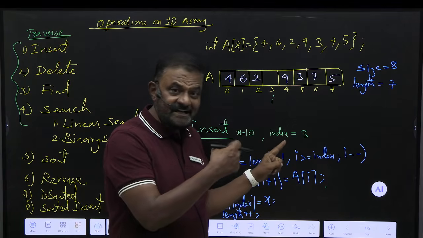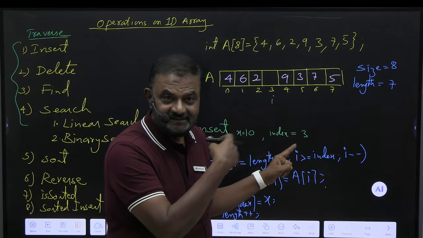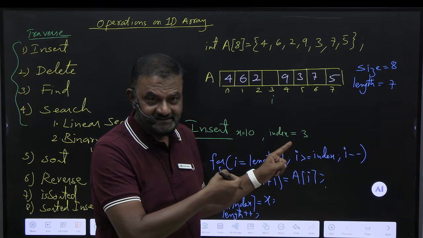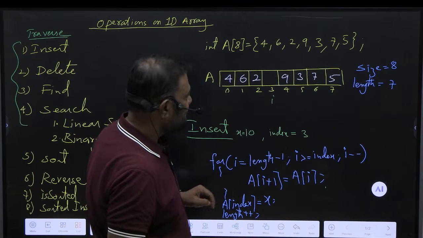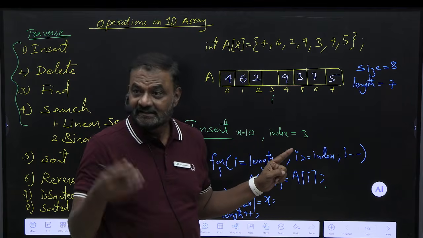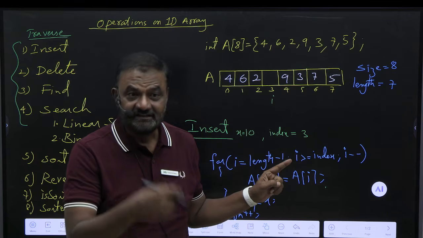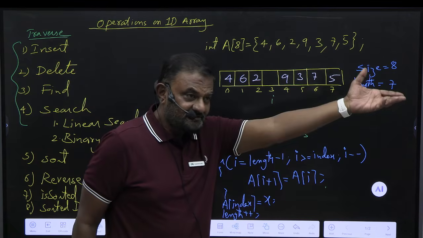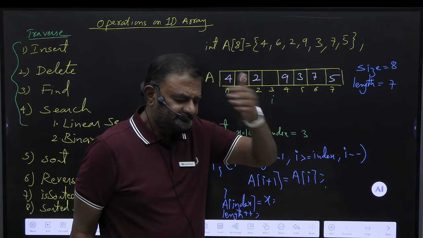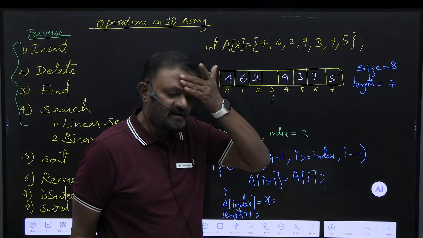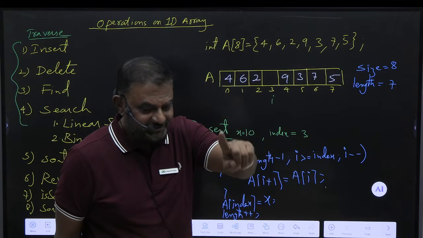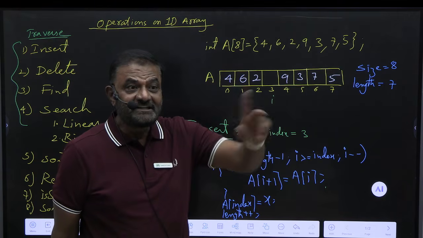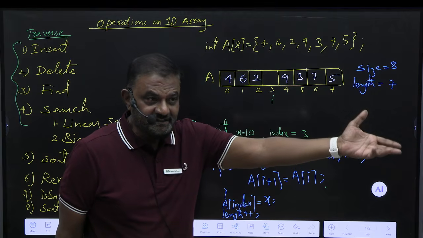Now that index should be within that length, from 0 to 6. The last index is 6. For insertion it can be 0 to 7 at most. If it is more than that, then you cannot insert any element.